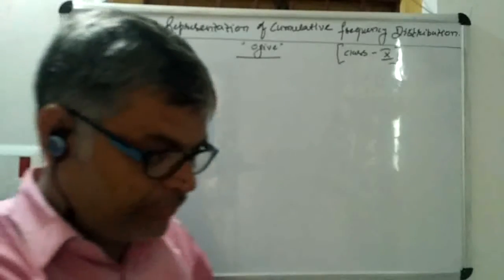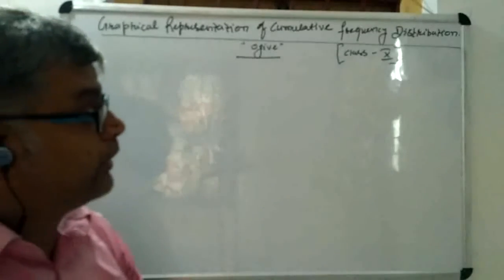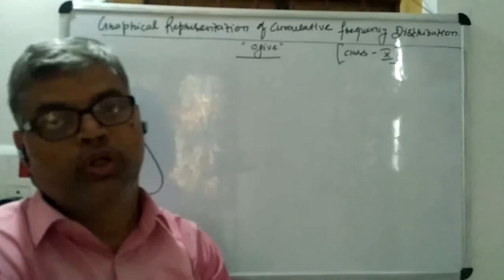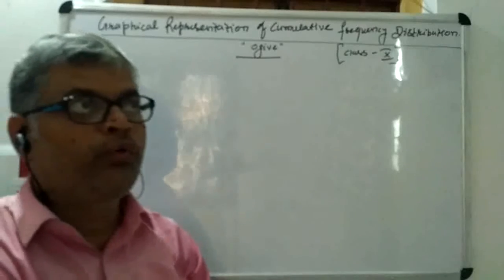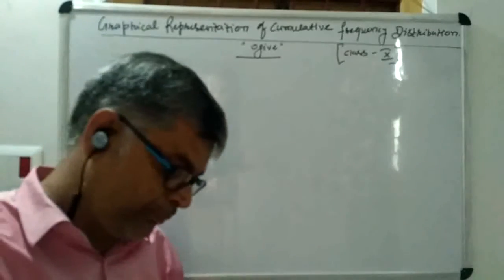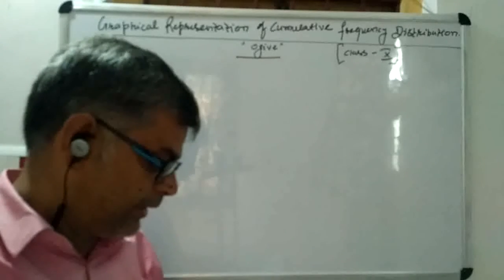We represent graphically the cumulative frequency distribution, and this is also known as ogive. Now, how do we represent it, and what types of graphical representation are there?